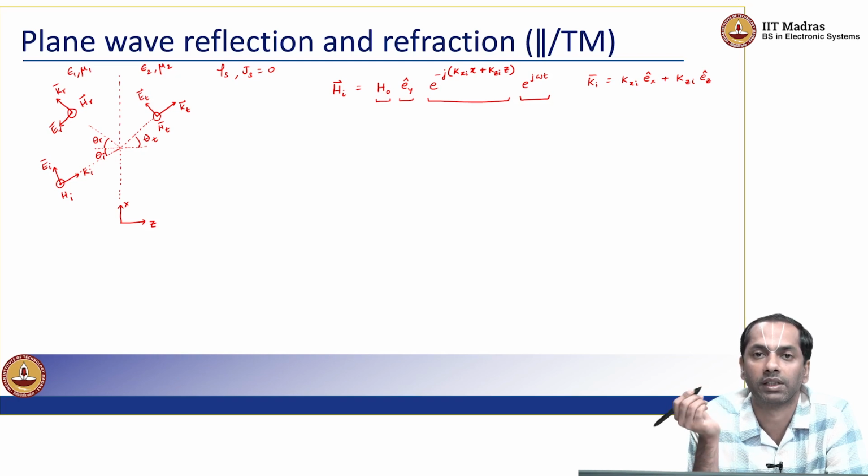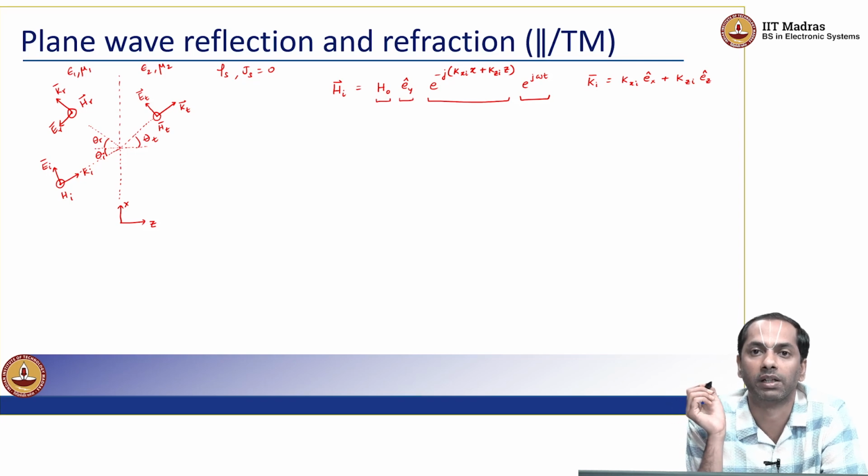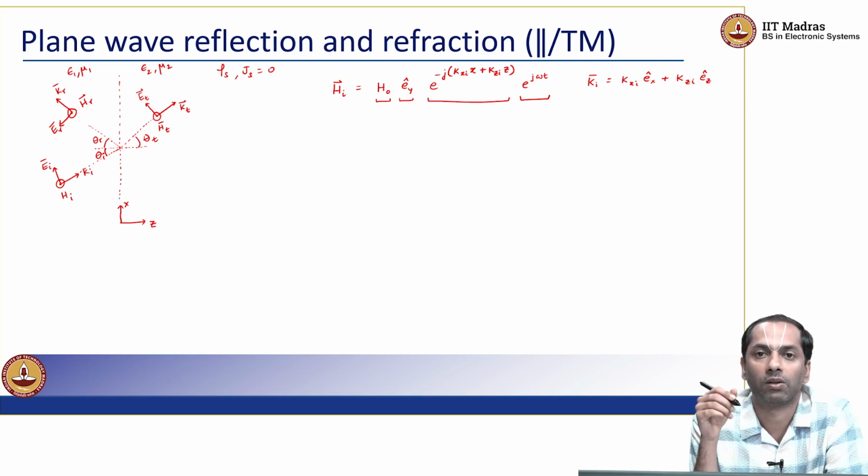So remember that we are still in the realm of solving Maxwell's equations, which is linear. So let's not worry about the time dependence. So I'm going to drop off the e to the j omega t in all our subsequent expressions, to understand that all of the elements, whether it is the electric field vector or the magnetic field vector, are all oscillating with the frequency omega.